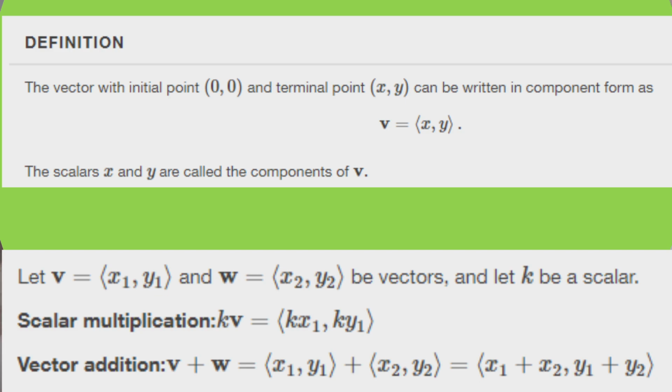We can visualize a vector in standard position, where the initial point or the tail is sitting at the origin and the terminal point is going to be whatever point it is, let's say (x, y), and then we can call that vector ⟨x, y⟩ in vector components. We use these angle brackets, the greater than, less than signs, to symbolize our parentheses. In this class, that's what we'll do.